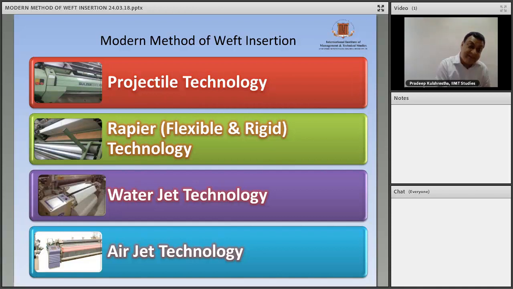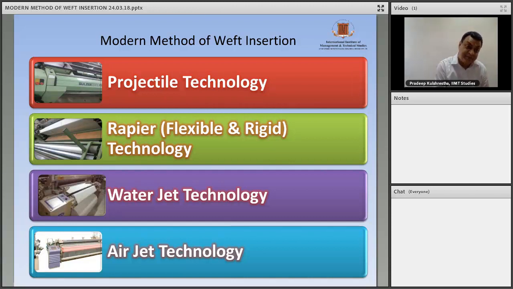Water jet looms insert the weft by a jet of treated water. In air jet technology, the weft is inserted in the shed by a jet of quality compressed air.